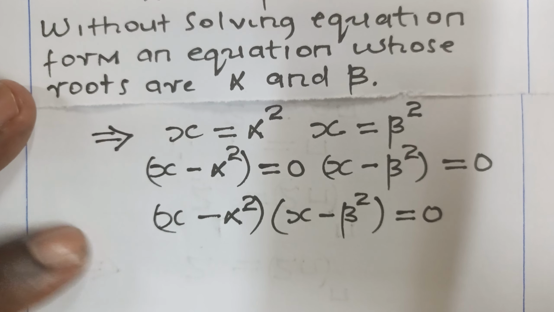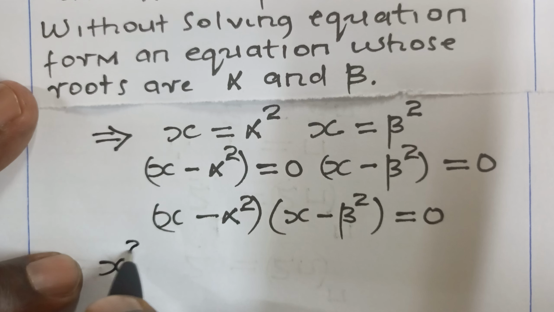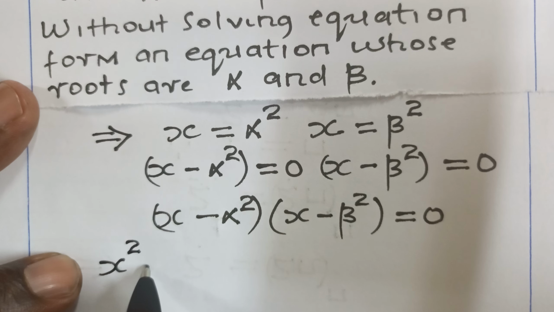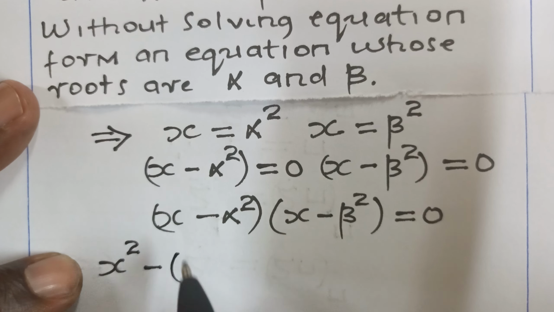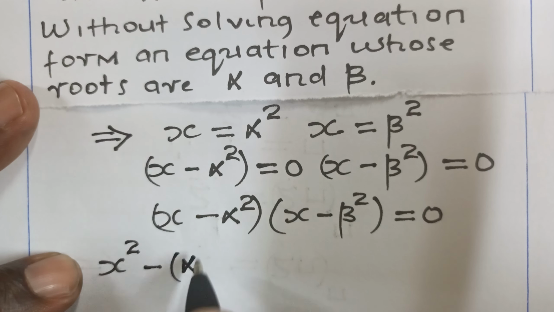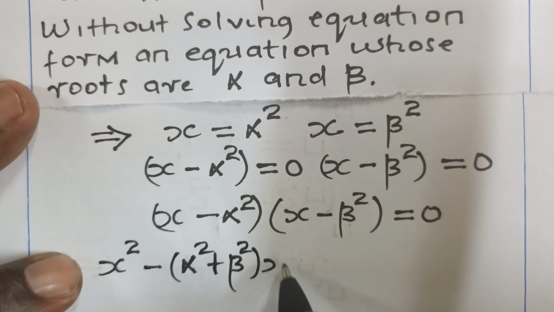Now expanding this, we are going to find x squared minus x, we start with alpha squared plus beta squared. Now we have x right there.